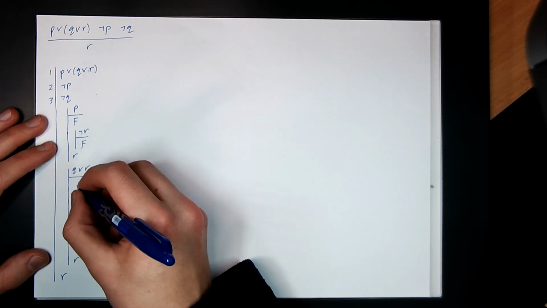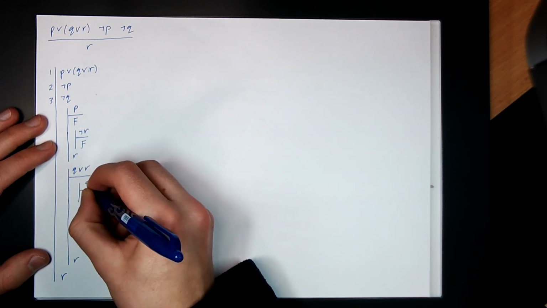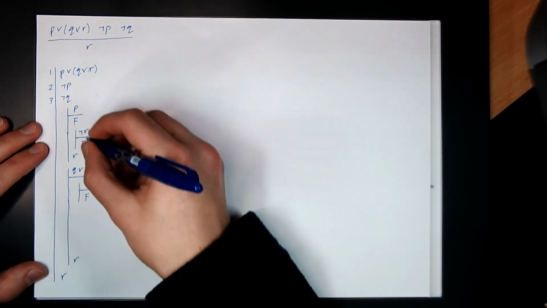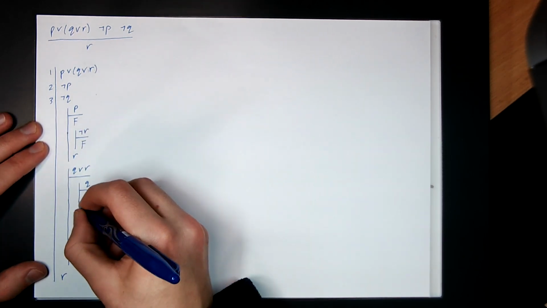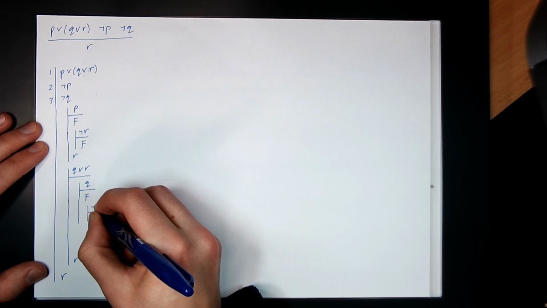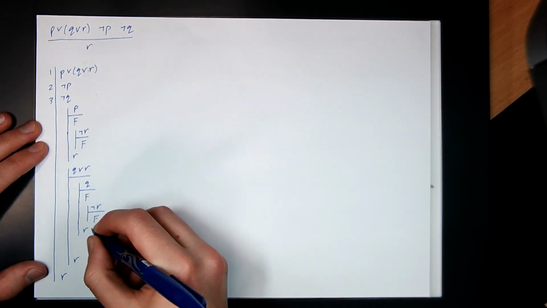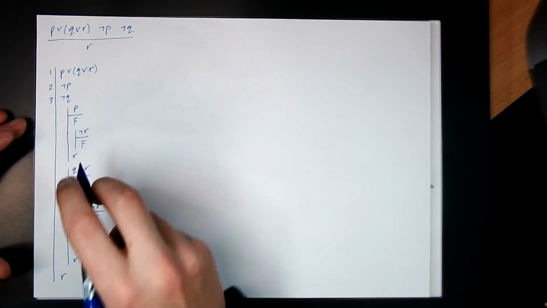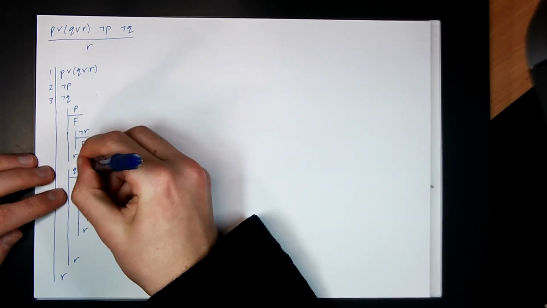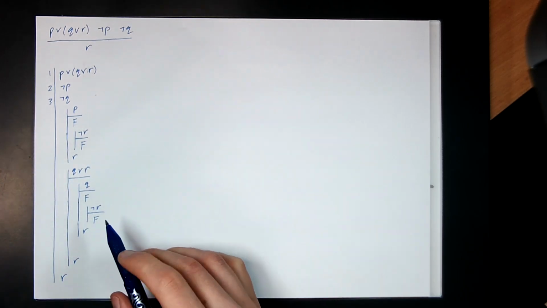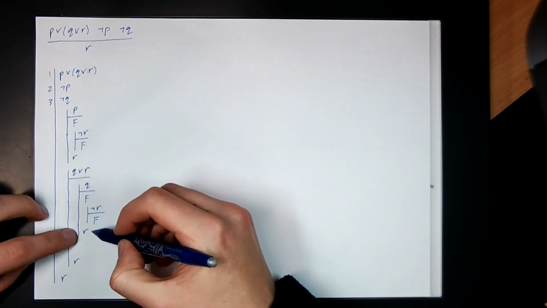If I assume Q, that contradicts not Q. So I get false, and then I do the same sneaky trick as before to pull R out of thin air: assume not R, copy the false, therefore R. Oh, my R's look like ORs, that's really not good, I apologize. R, there we go. So I assumed the left-hand side Q, and I got R.